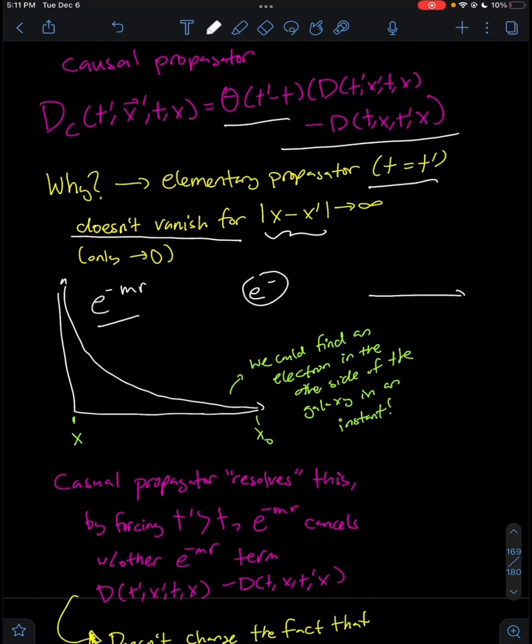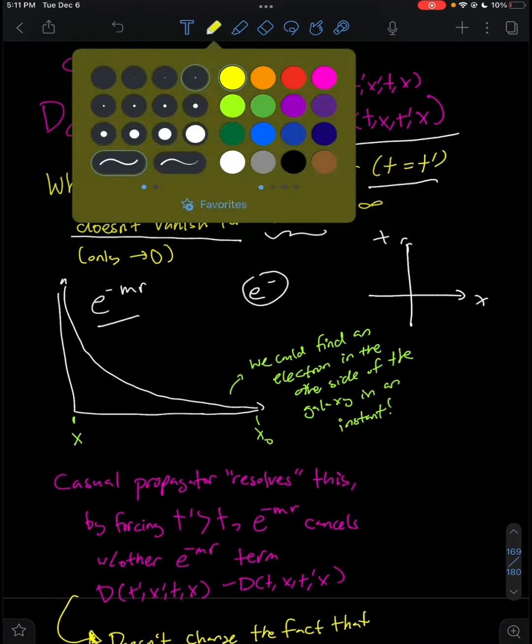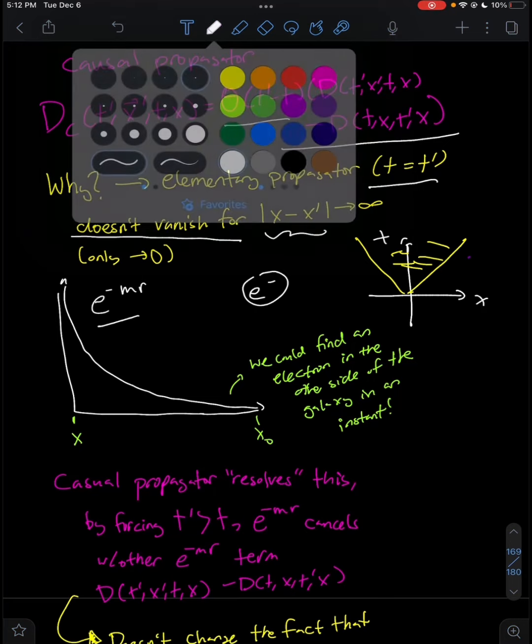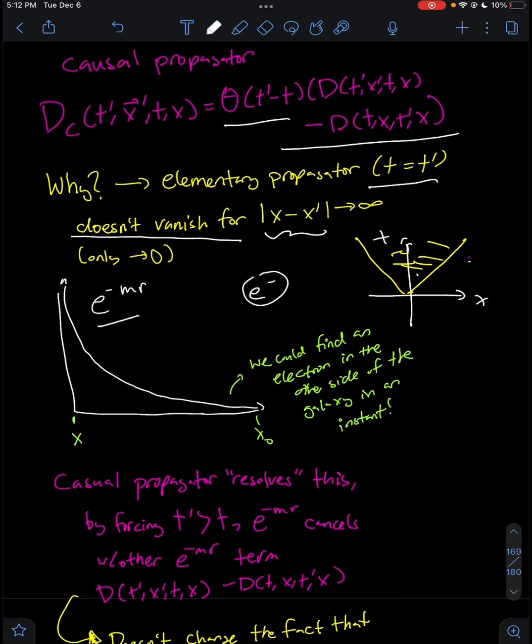If you have a space-time diagram, we have things called light cones. And if some event is outside the light cone, that means that something inside the light cone cannot influence that event until that event is at the light cone. So if an electron is outside your light cone, doesn't it make sense for it not to teleport to your light cone in an instant?